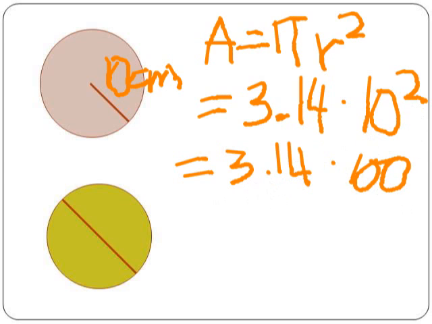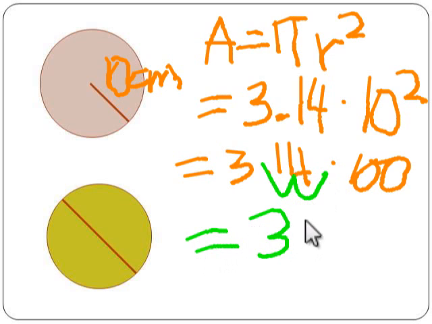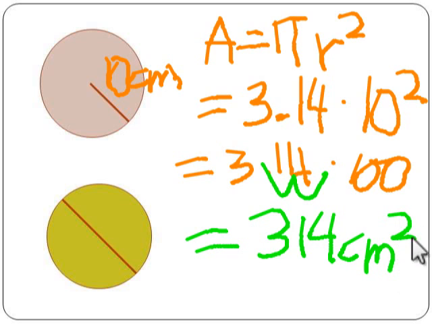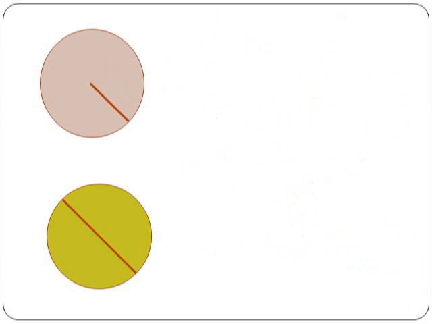So we'll go ahead and do that. If we move the decimal point 2 places to the right, you end up with 314 square centimeters. Easy schmeezy.